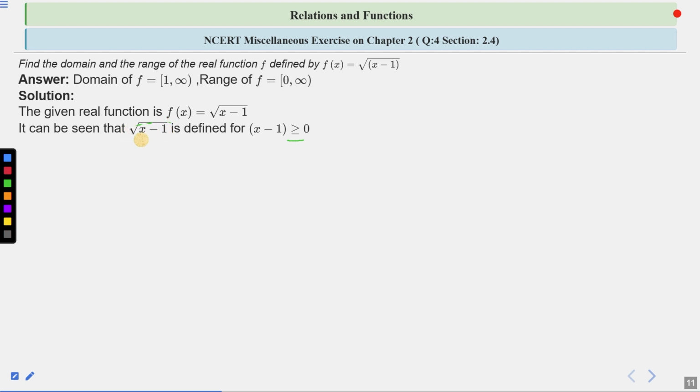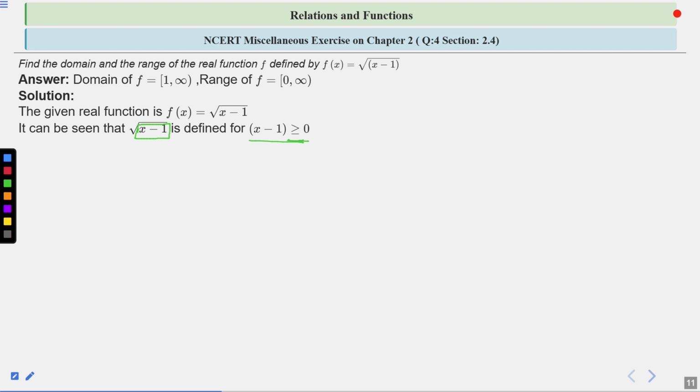Whenever you see a root and then some expression, the first thing you have to do is put that complete expression inside the root greater than or equal to 0. Clear? In this case, we are getting x minus 1 greater than or equal to 0.